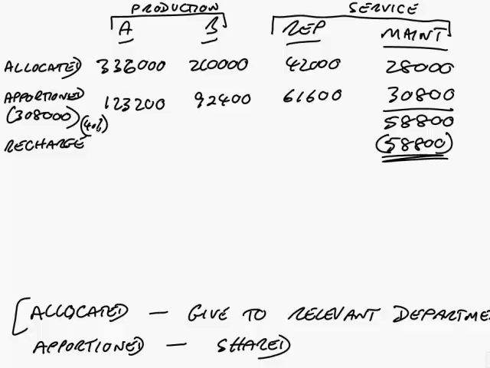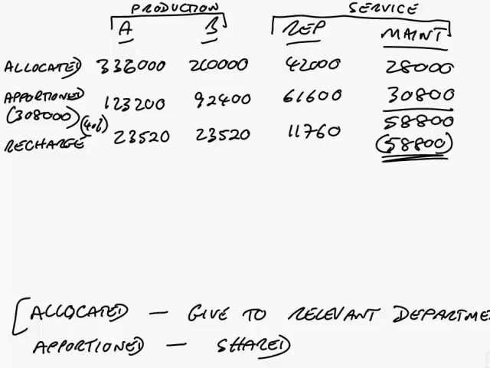And in a similar way, repairs is a service department. And so let's recharge repairs. The total overhead in this department is, I think, 115,360. And so in the same sort of way, take that total, recharge it.